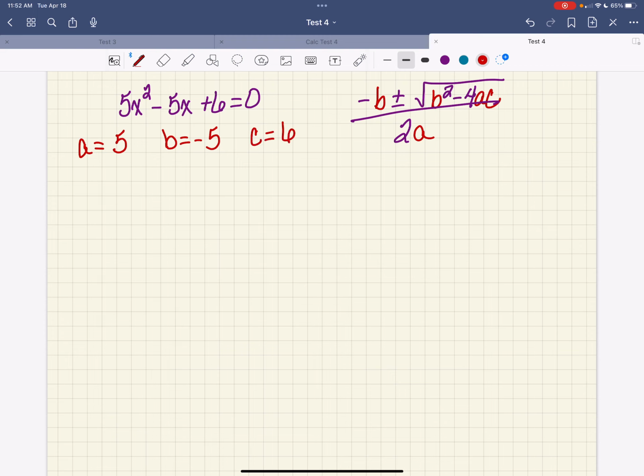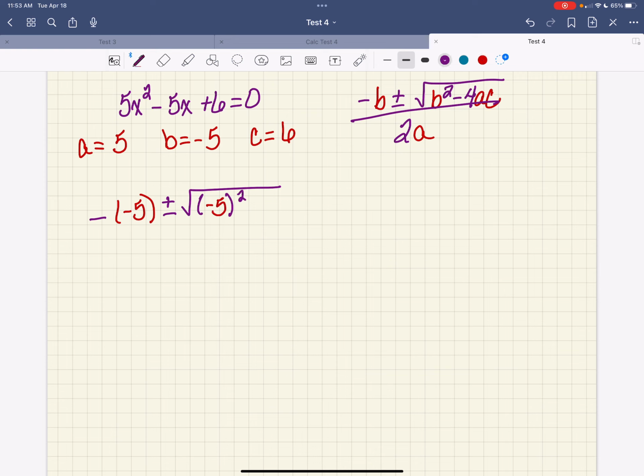Okay. So I'm going to have negative 5, because my b value is negative 5, plus or minus the square root. My b value has got to be squared. So that negative 5 is going to be squared.